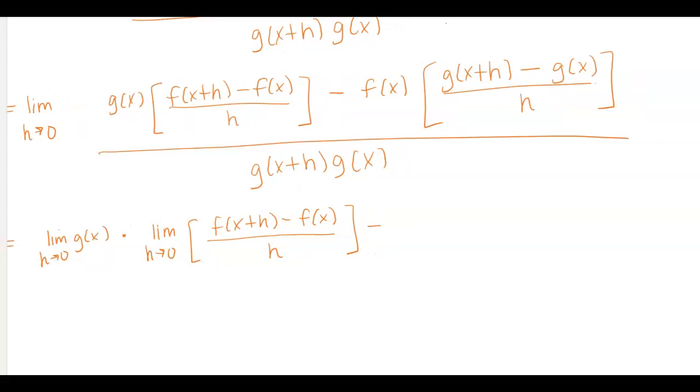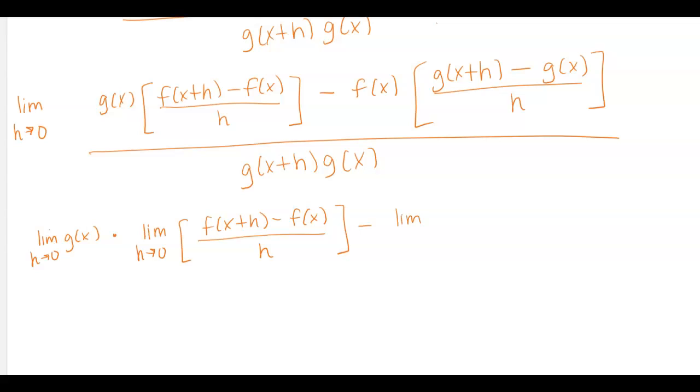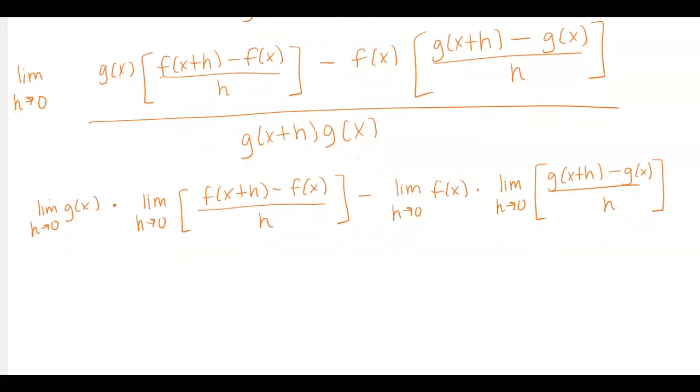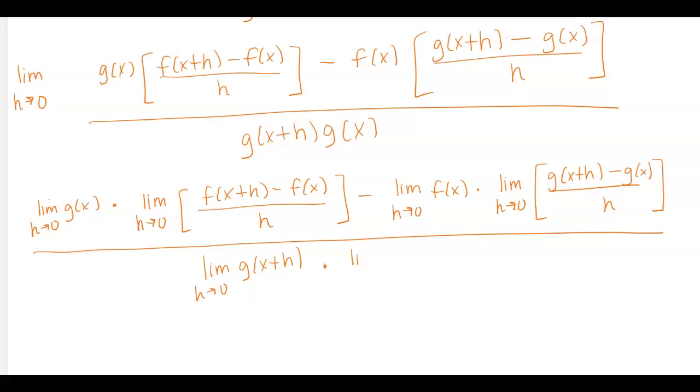And then I'll subtract off the limit of f of x times the limit of g of x plus h minus g of x over h. And we're also going to distribute that limit down into the denominator. So it's going to every single function that we have.